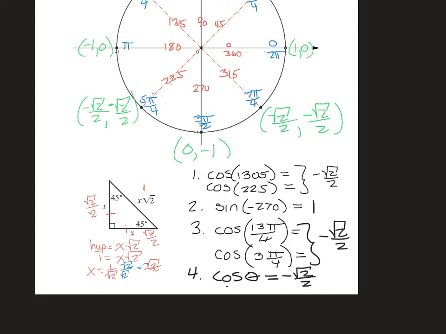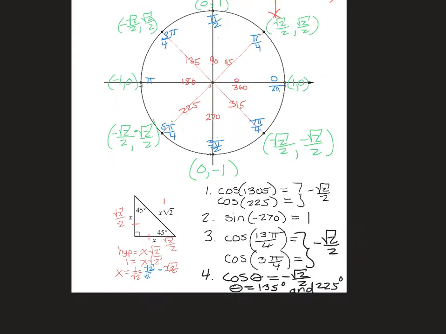So if I said that, then theta would be in quadrant 2 and 3. That's where our x values are negative. So we would say theta is 135 degrees and theta is 225 degrees. And if I asked you for radians, you could put that in radians.